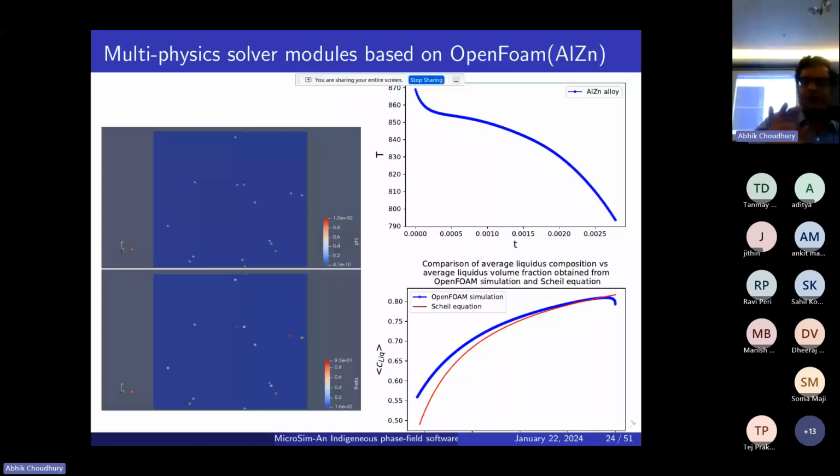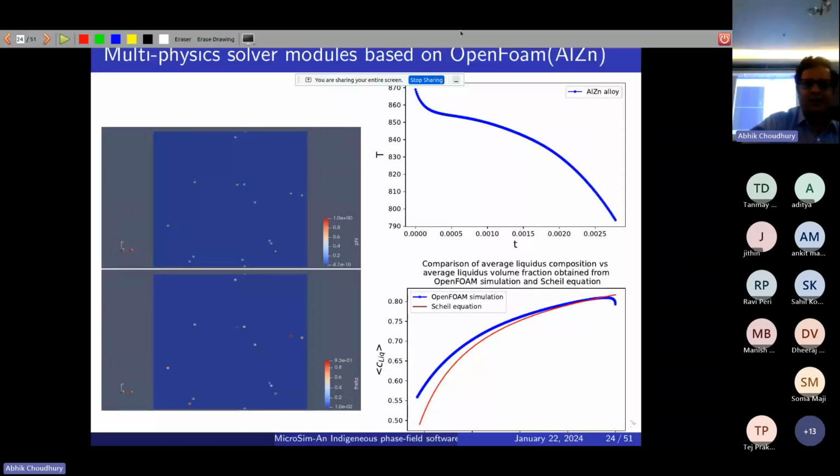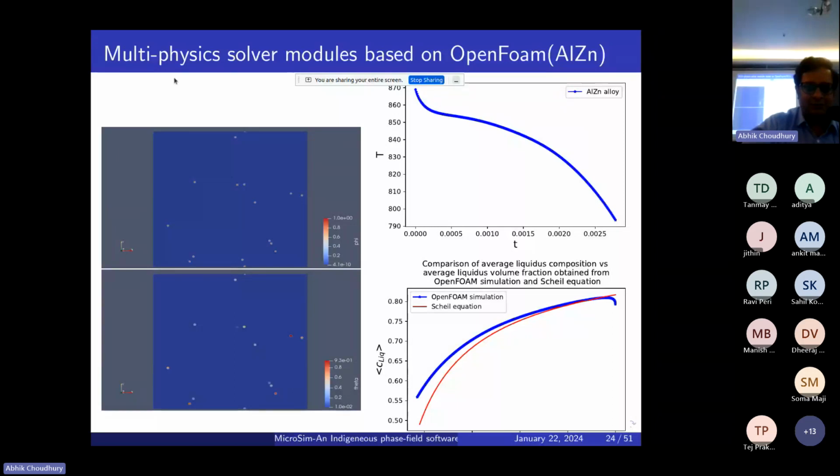The PDE solvers are written in a way that you can code any abstract equation very simply because the operators are already present in the module. So since we are solving PDEs classically in a phase field formulation, we thought of utilizing this multiphysics OpenFOAM module and putting it into our stack.